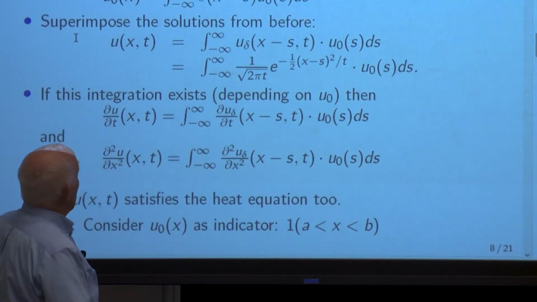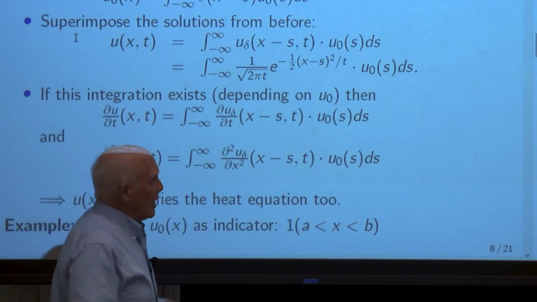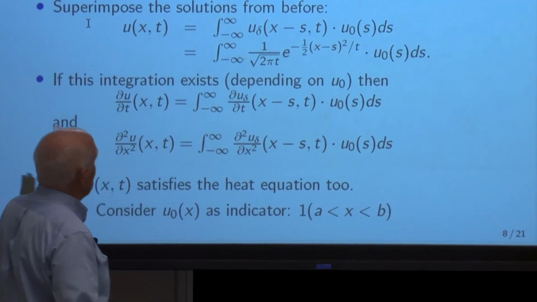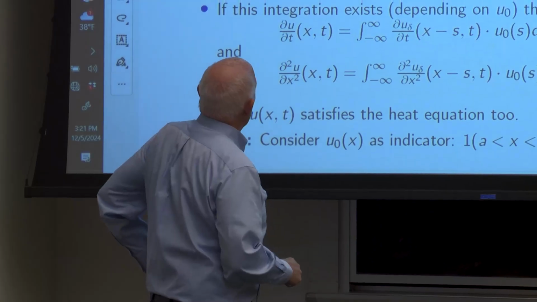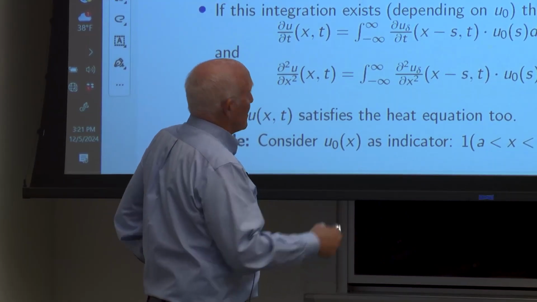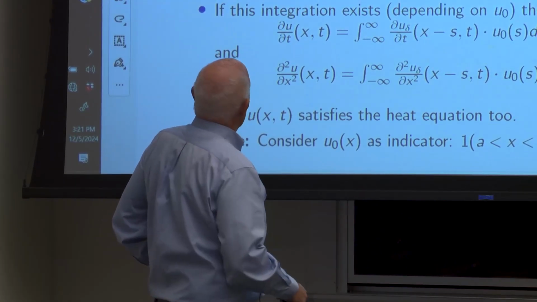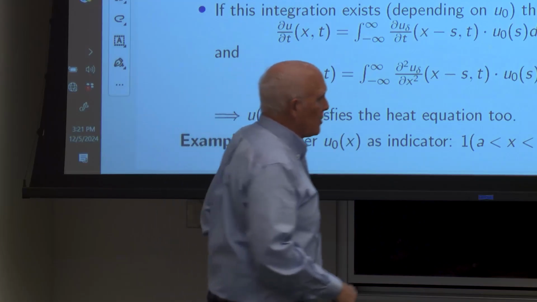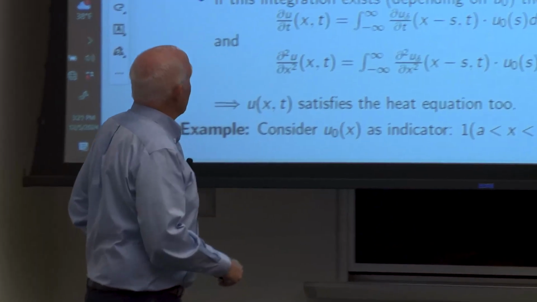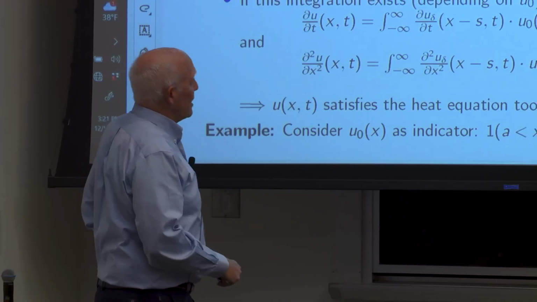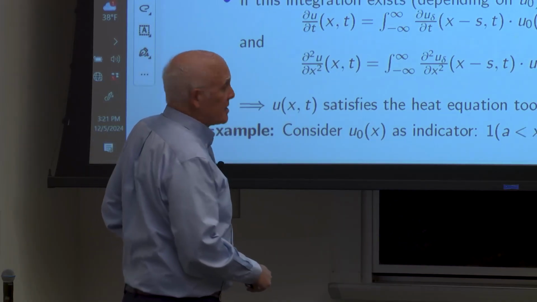Now, if we want to generalize from this Dirac delta function at 0, suppose we want to solve where the initial conditions are given by a function u naught of x.